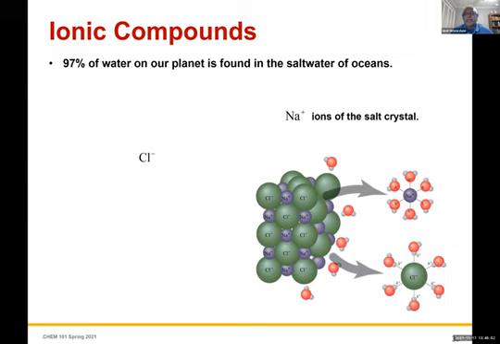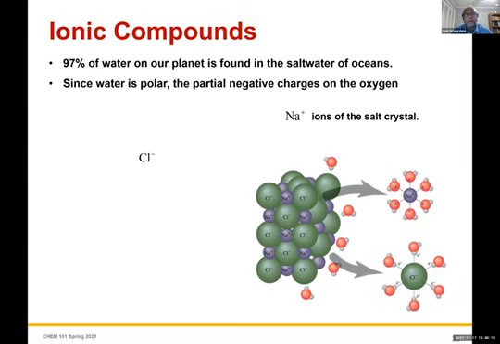If you wanted to get sodium chloride from seawater, you pump seawater into reservoirs close to the ocean and let it dry. The sun will evaporate the water and produce sodium chloride. That's how salt is produced. The major way to produce salt is from seawater.